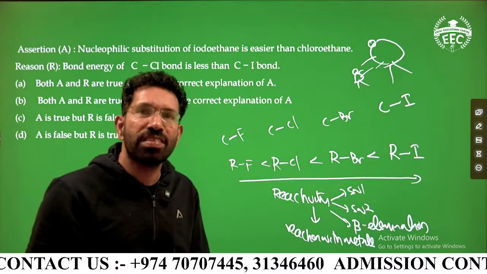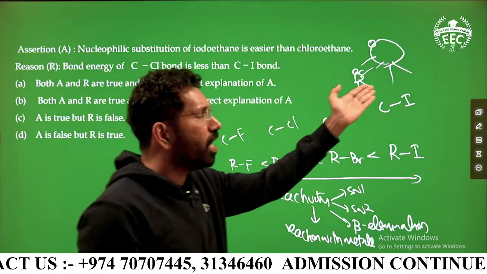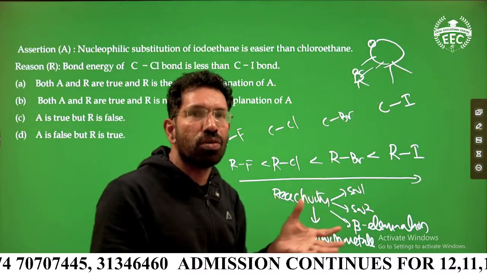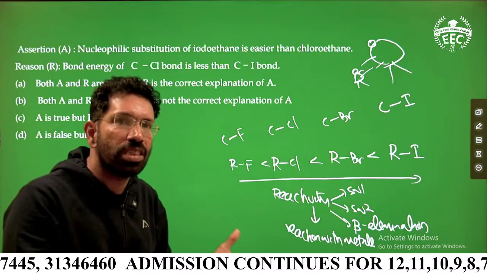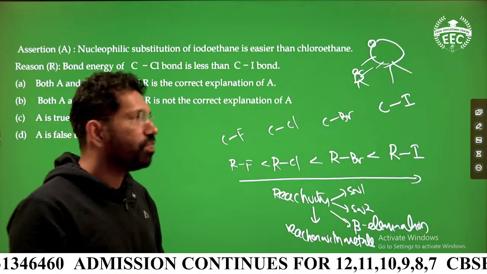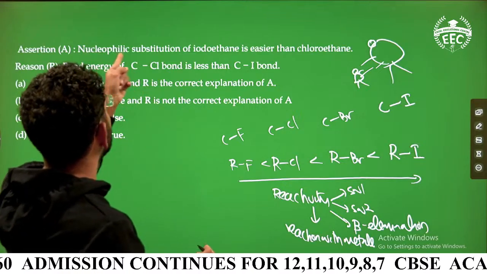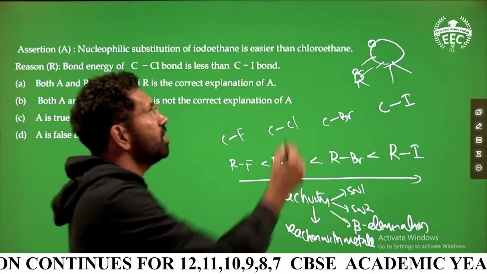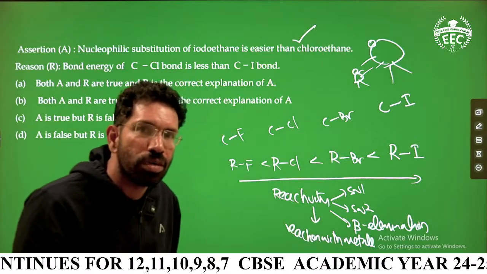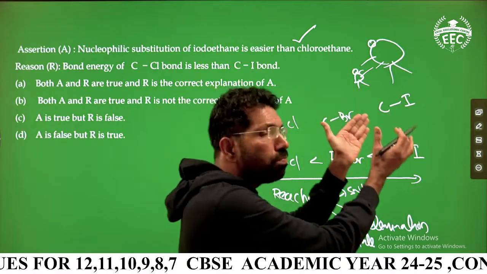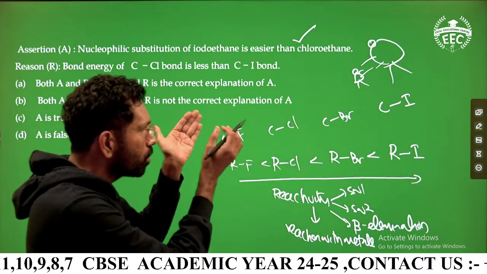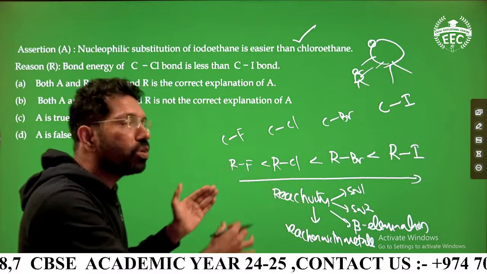The main problem is the size difference. So the carbon-iodine bond is weaker because the size difference is more, and the bond dissociation enthalpy is very low. So nucleophilic substitution of iodoethane is easier than chloroethane. Yes, that's correct, no doubt about it, because the carbon-iodine bond is weaker than the carbon-bromine bond, the carbon-chlorine bond and the carbon-fluorine bond.